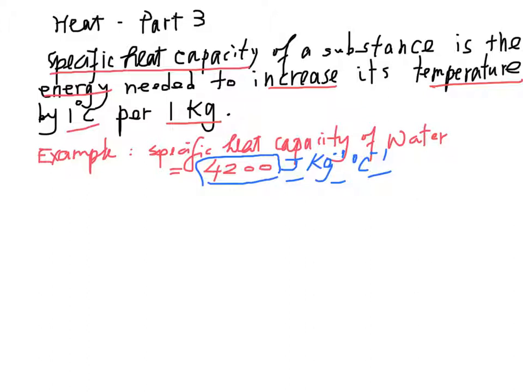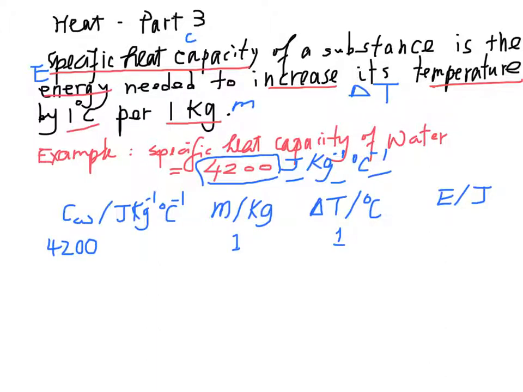Now, let's denote specific heat capacity by the symbol small letter c, energy needed by the symbol E, the increase in temperature by the symbol delta T, and the mass by the symbol m.